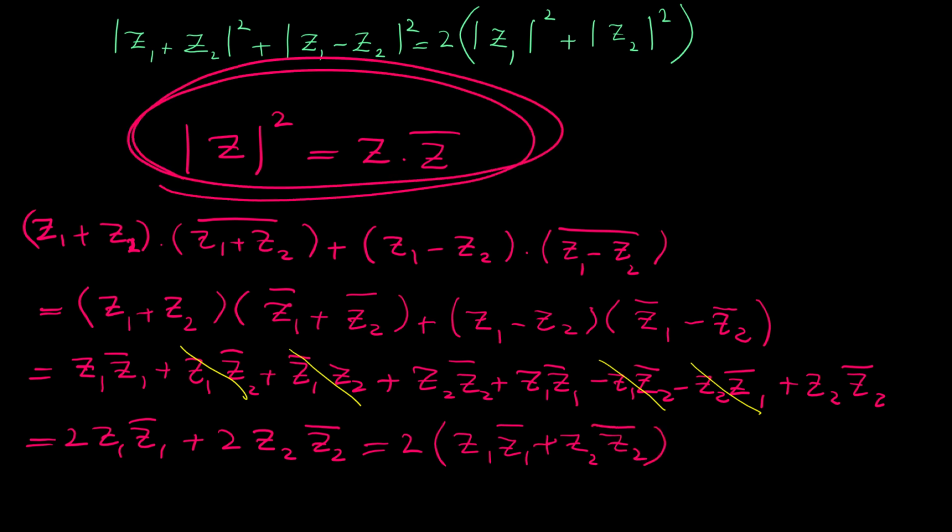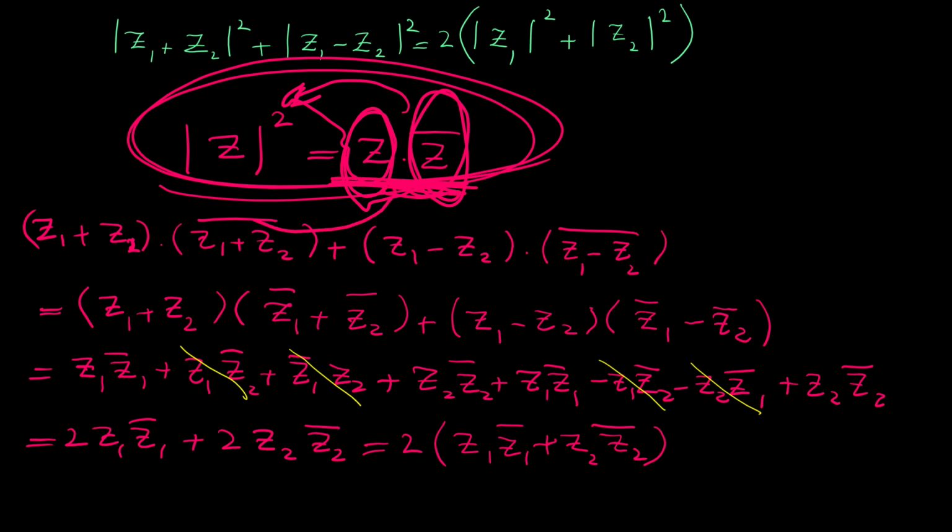Now let's use this important identity in complex numbers in the opposite order. If a complex number z multiplies by its conjugate, it can be written as absolute of that complex number to the 2. Z times z conjugate is absolute of z to the 2.